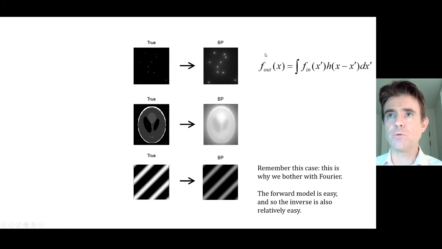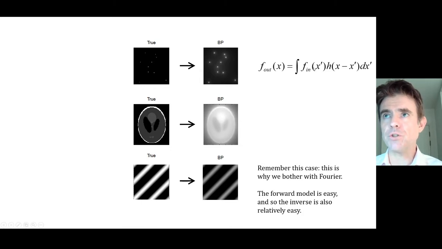And that is well modelled by the very familiar convolution integral, which I'm showing here in just one dimension, where the input function here, that's the true object on the left-hand side there, that's f in here. We just visit every spatial position here in 1D, just denoted by x prime.